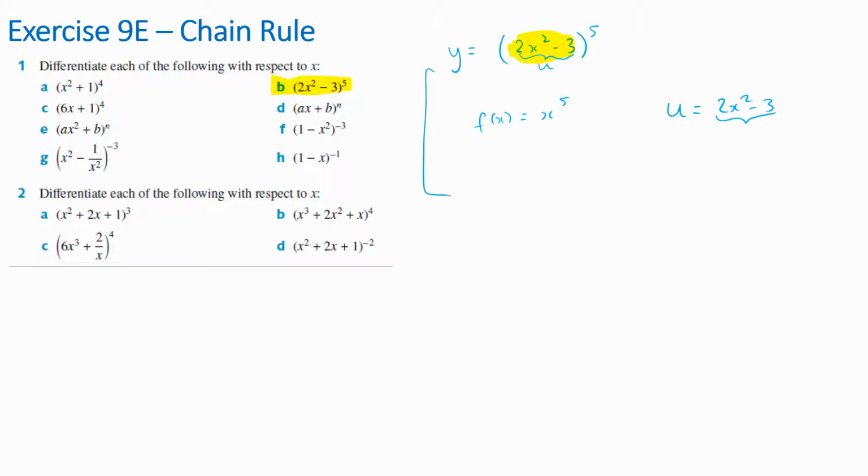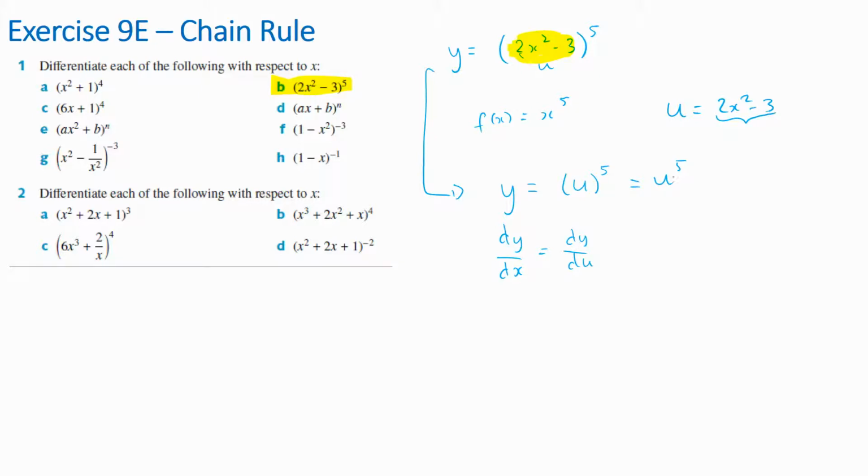So now it's actually just y equals u to the power of 5. And if I ask you to find the derivative using chain rule, remember the chain rule is dy dx equals dy du times du dx.